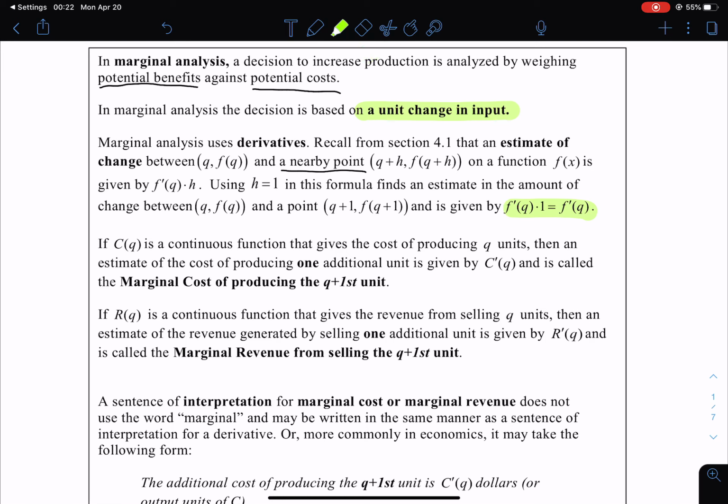This part is a restatement of the first part by plugging in H is 1.